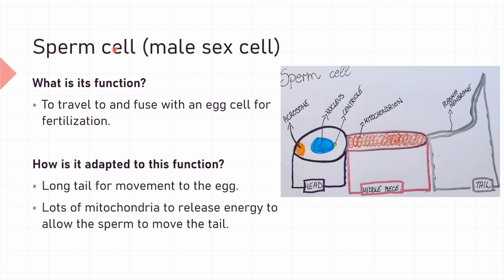If we are talking about the reproductive system, definitely something is connected with reproduction or offspring, and babies. The point here is that the sperm cell's function is to travel and fuse with an egg cell to perform the process which we call fertilization.